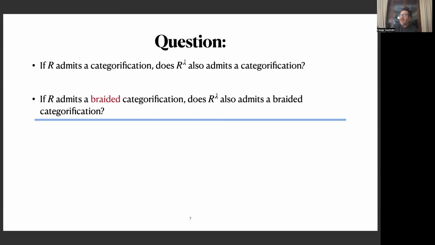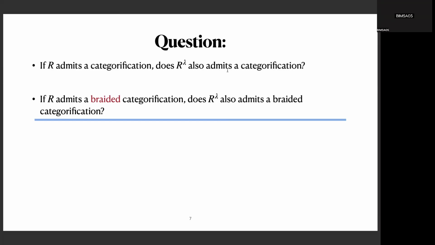For example, you can go from something where every element is self-dual to something that is not. So really you can change a lot the category. But the point is, suppose that R came from a fusion category, then the natural question is when R lambda also came from a fusion category.